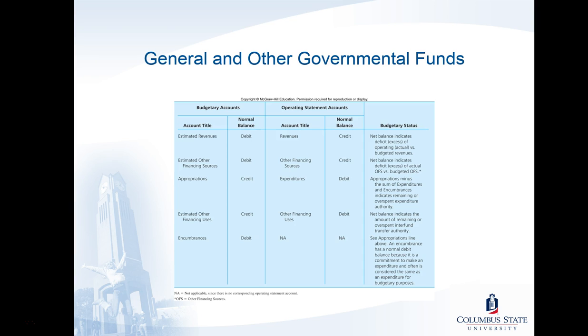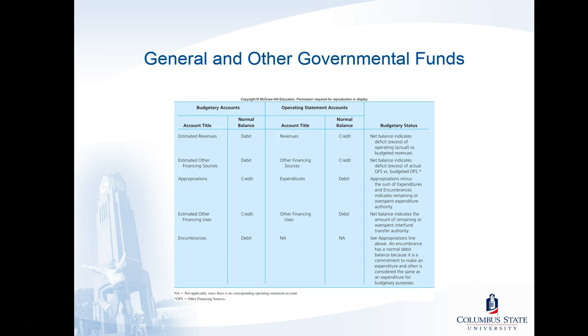But when you're posting a journal entry for a budgetary item and establishing budgetary revenues, it has to be opposite what the actual revenue would be. So when you actually record revenue, you're going to record it as a credit. But so that they offset and you end up with a net budget amount, what's remaining, so you can tell whether you've met your budget or not, that has to go in opposite the normal balance for the operating statement account. So hopefully you get that.